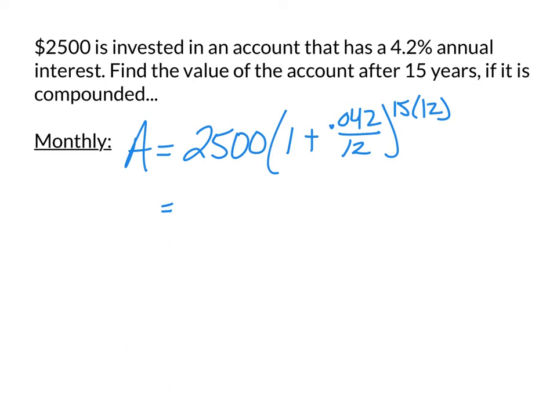However, remember, this is finding interest on top of interest on top of interest. And when you calculate this amount, you should get $4,688.86. That's an increase of $50 just by having it compounded monthly instead of compounded yearly. Now, if you're thinking $50 isn't really that much, I mean, I let that thing sit there for 15 years to get that $50.